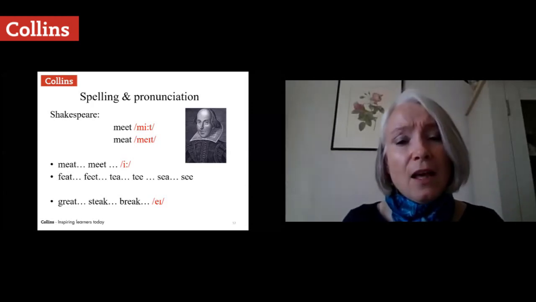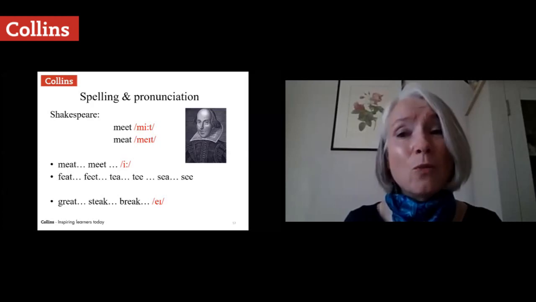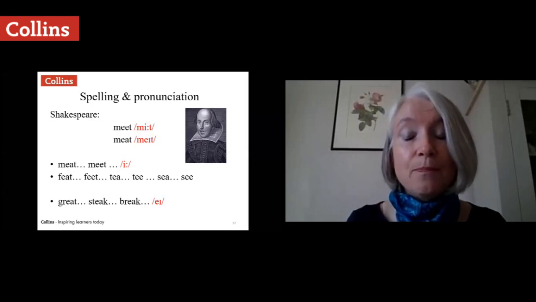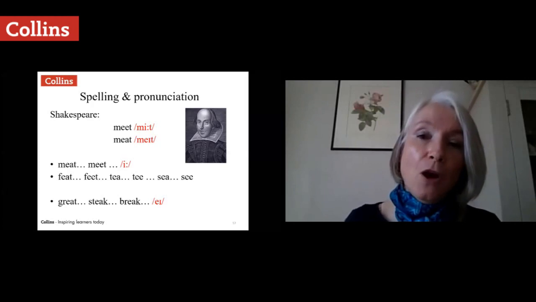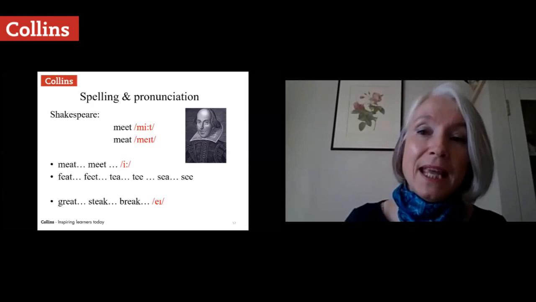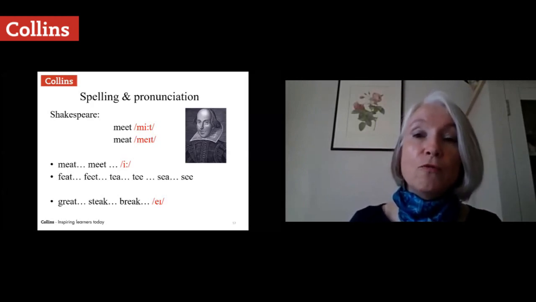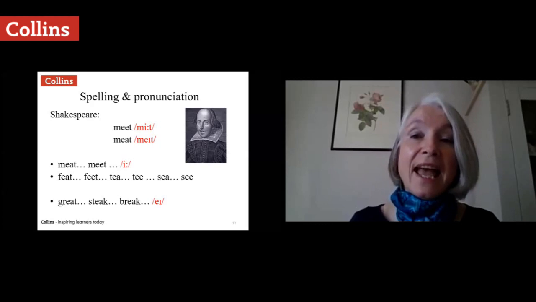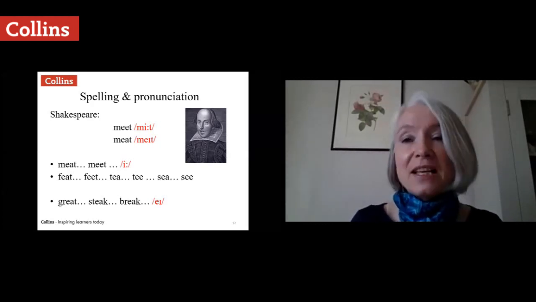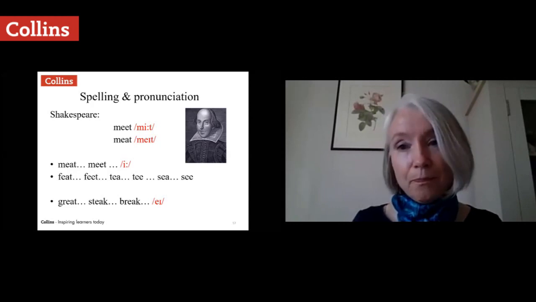The confusing thing, though, and one of the things that makes English difficult, is that these changes will have words with EA spelling, great, steak, and break, for example, that didn't go through that sound change. Linguists argue over why these words didn't go through that sound change. Some people believe it is to do with something called phonesthesia, which is how sound might have meaning, but that's a very, very hotly debated linguistic theory.